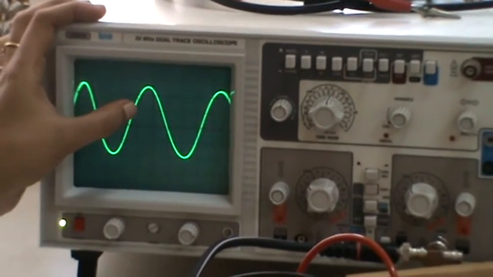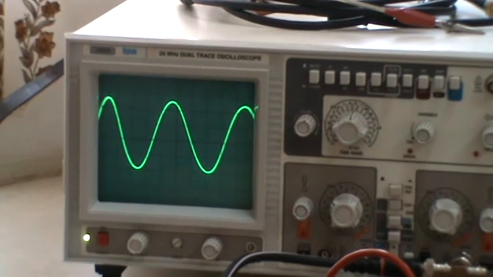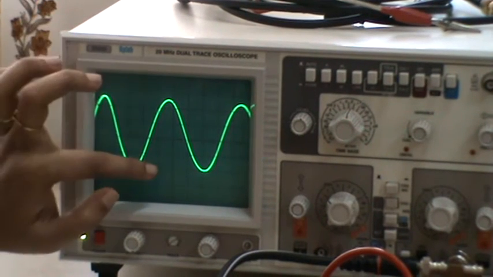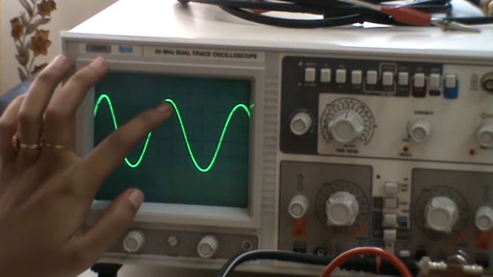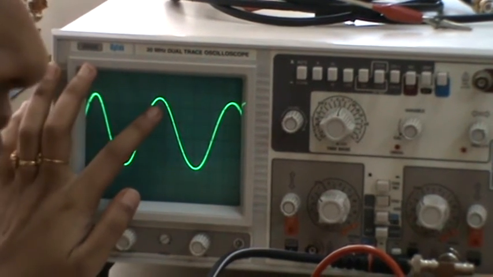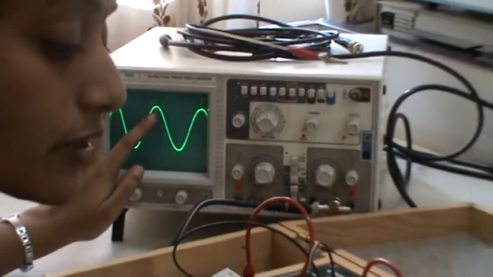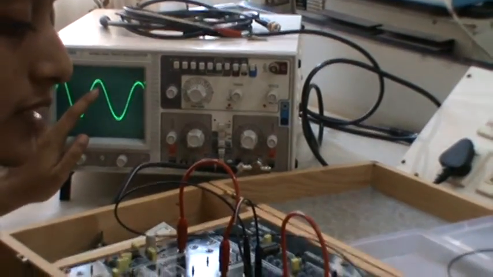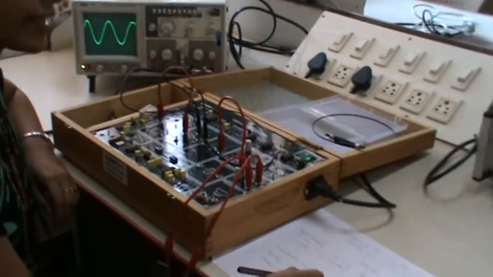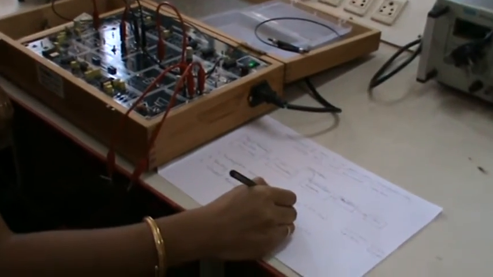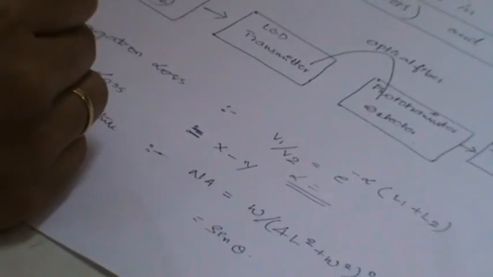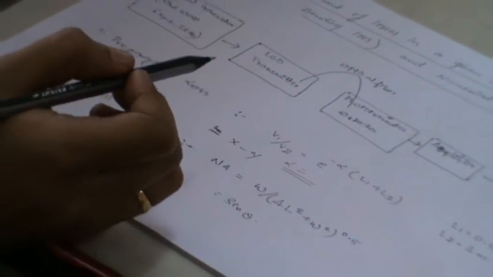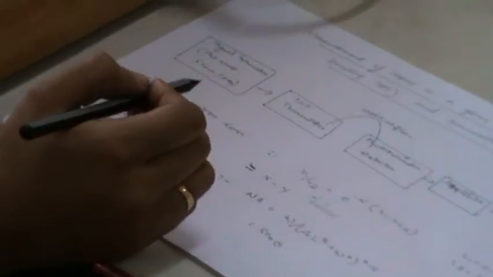With the 0.5 meter cable we had 5 volt, and now it is around 4.6 volt. So V1 is taken as 5 volt and V2 is taken as 4.6 volt, the calculation is done, and finally alpha will be calculated. Alpha is also called attenuation loss, which is nothing but propagation loss. So this is all about finding the propagation loss.